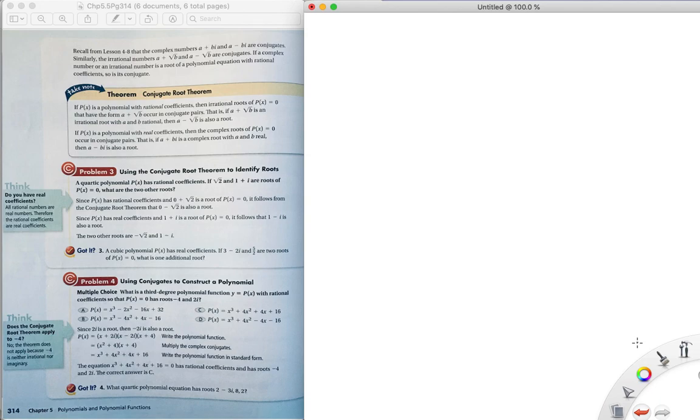So when you have complex roots, let's say you have 2 plus 6i as a root, then you also have another root of 2 minus 6i, which is its conjugate. Okay? You have two roots here. Every complex root has a conjugate root associated with it, in addition to just regular rational numbers.